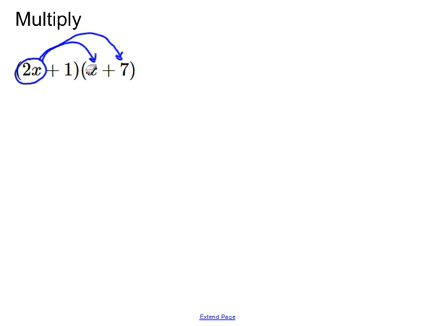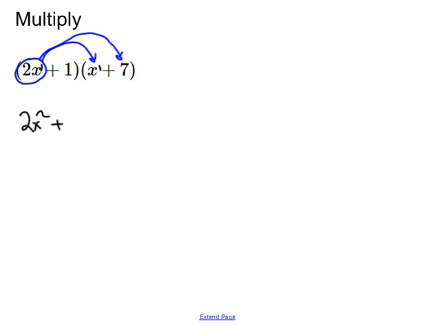So we're going to have 2x times x. Again, when you multiply variables, make sure you add the exponent. So invisible exponent of 1, invisible exponent of 1. So we're going to get 2x squared. So 2x times x is 2x squared. Then we got 2x times 7. That's going to be positive 14x.